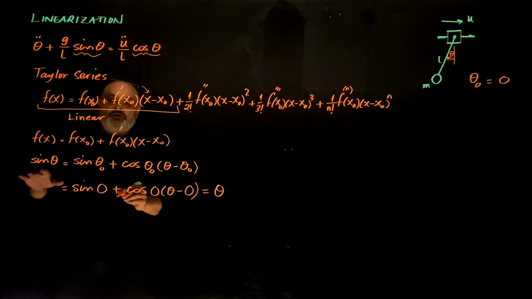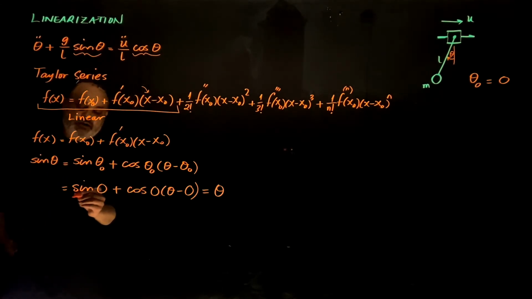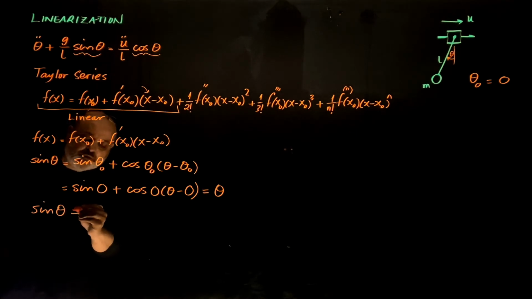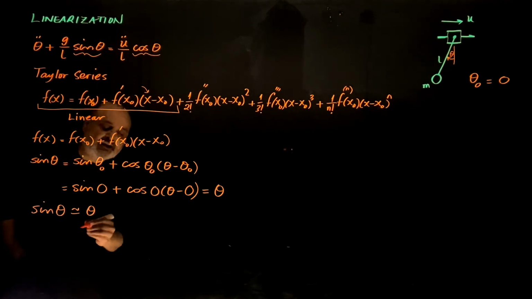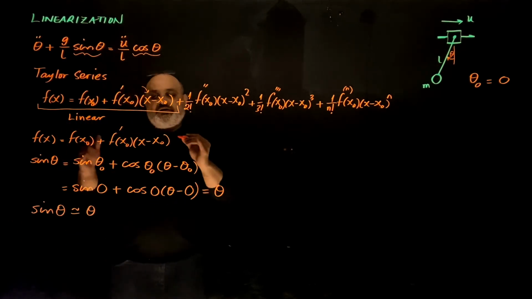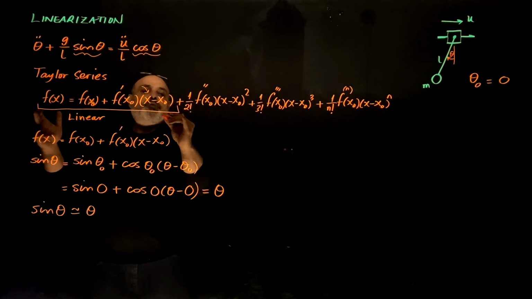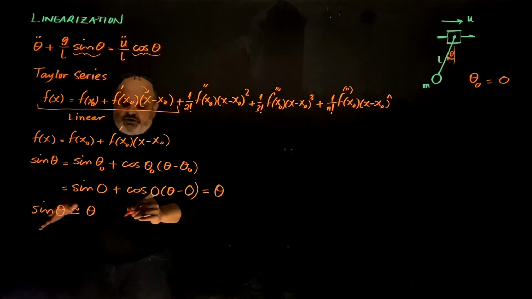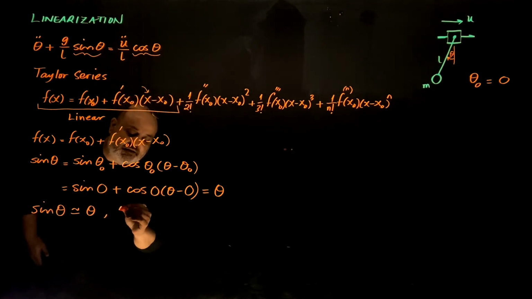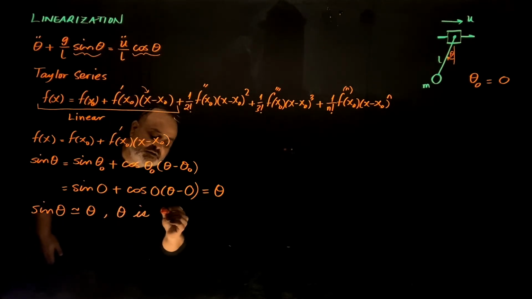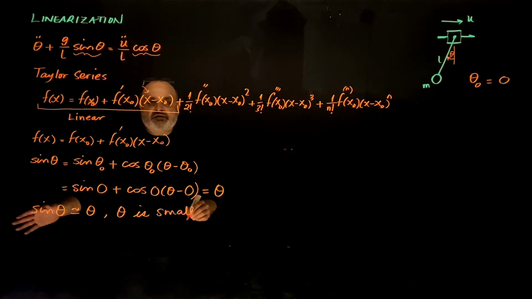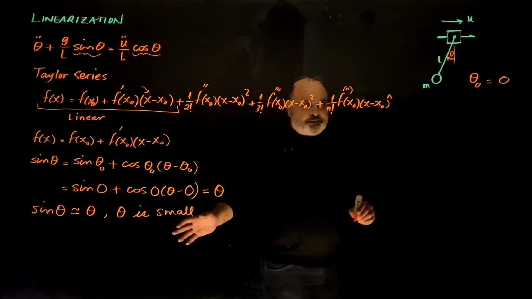So the linear approximation of sine theta approximately equals theta, but there's one condition. Since I'm taking just a small part of the whole Taylor series, I have to put the condition that theta is small. How small is small?